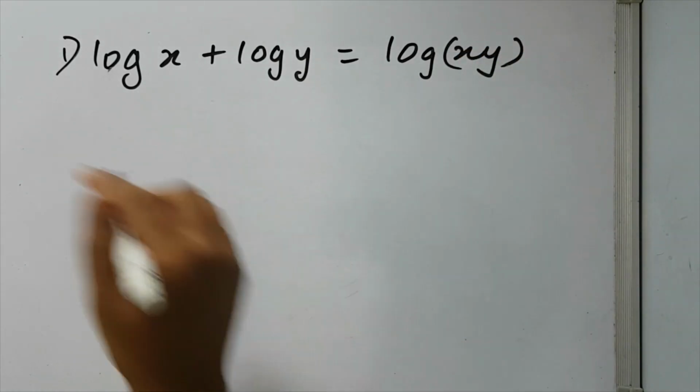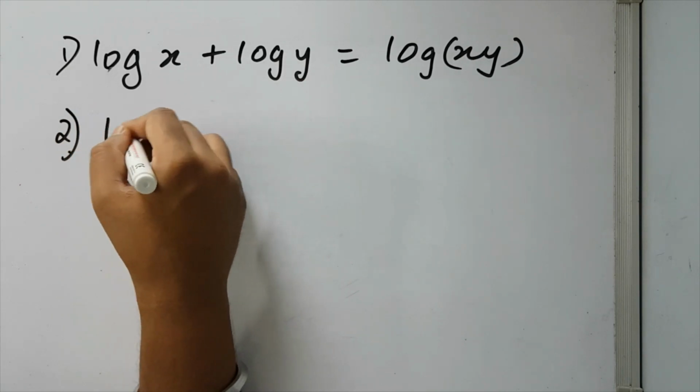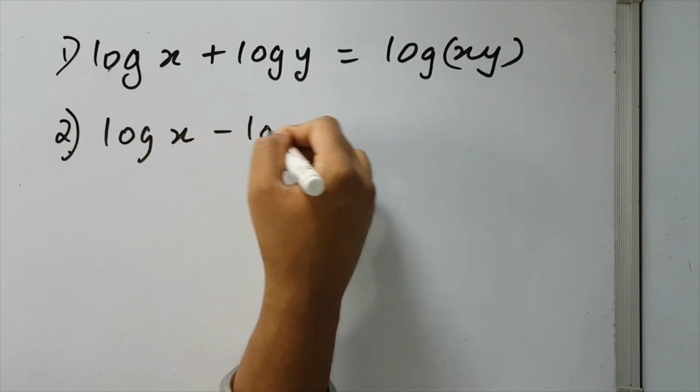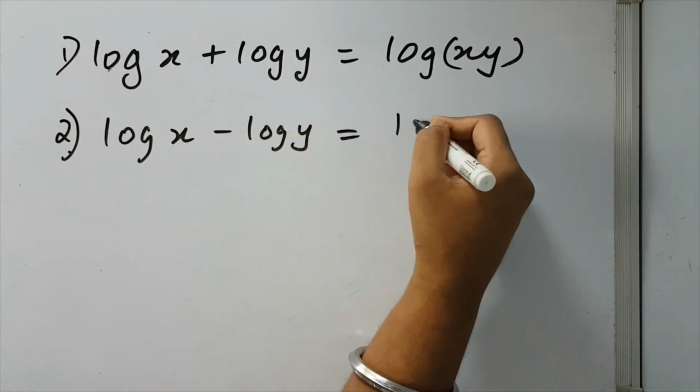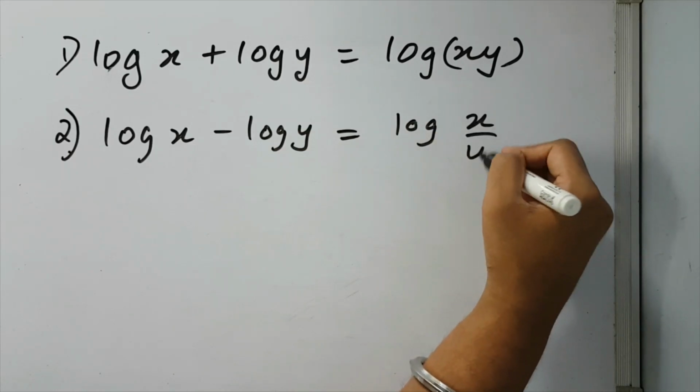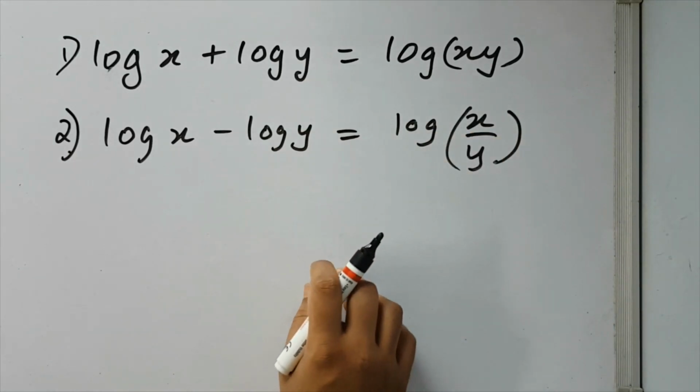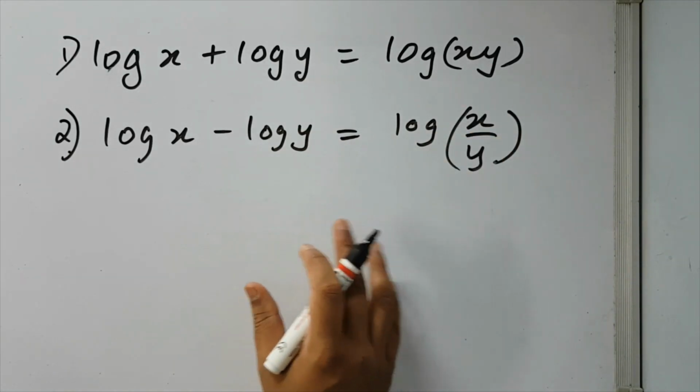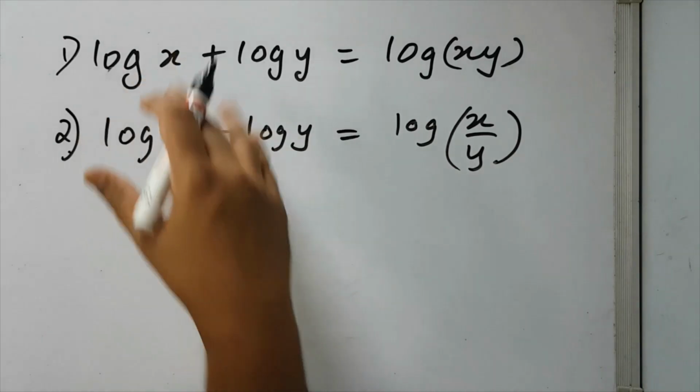Second is log of x minus log of y would be equal to log of x over y. I hope you understood this. I'll give you an example for both of them.